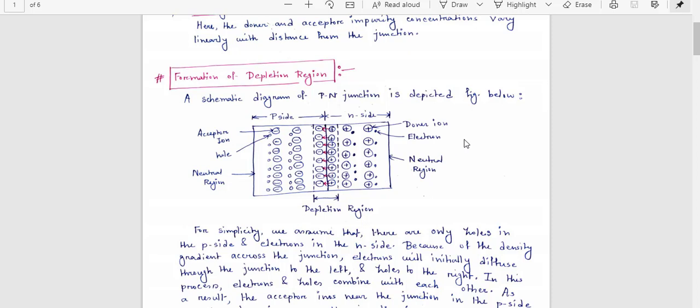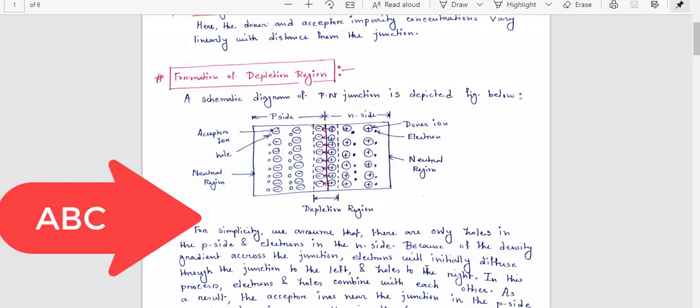Now if you apply forward bias, what does that mean? Forward bias means the p-type will be connected to the positive terminal and the n-type will be connected to the negative side of the battery. When you apply forward bias to this junction, what happens?